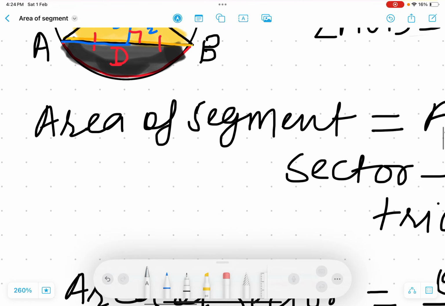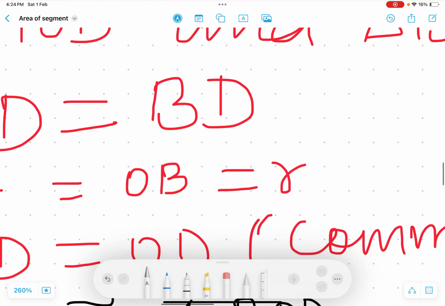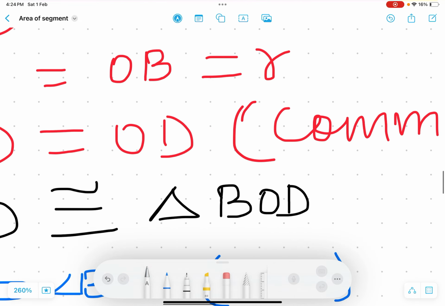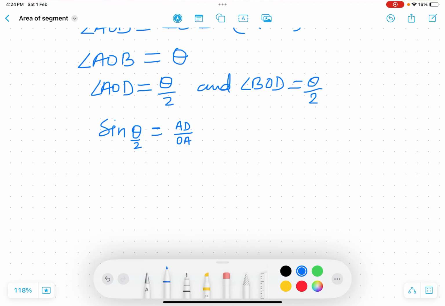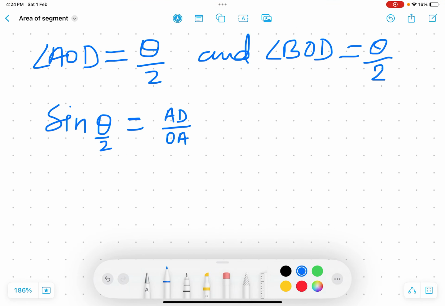So we are going to find AD here. AD is equal to OA into sine theta by 2. What is OA?